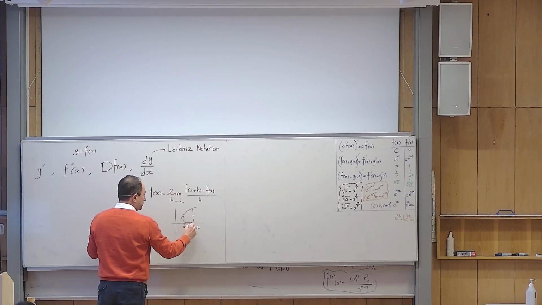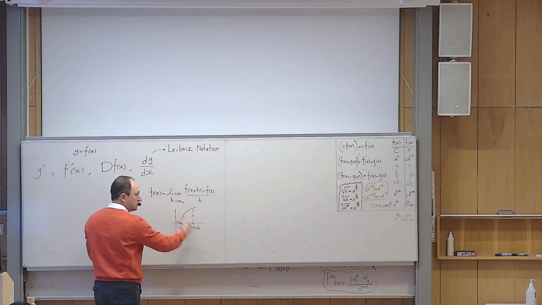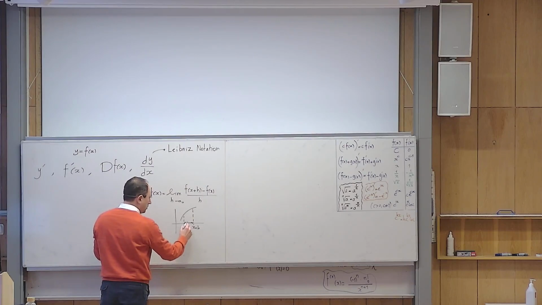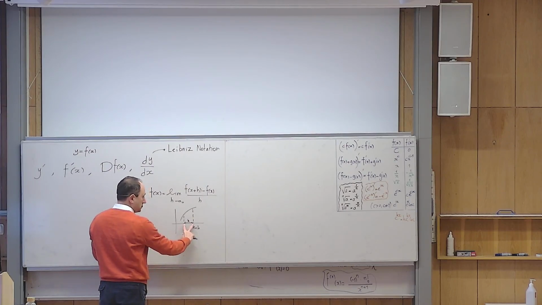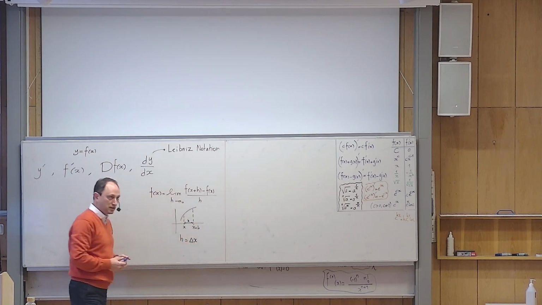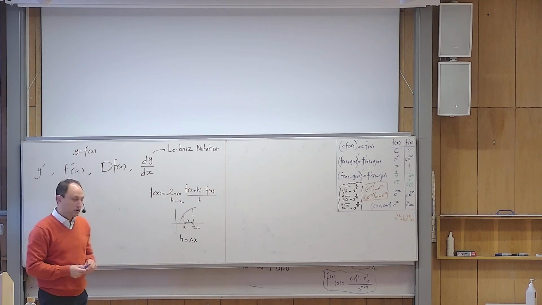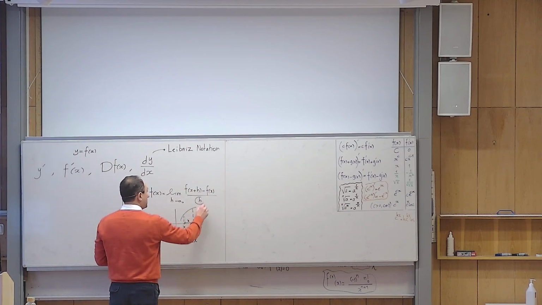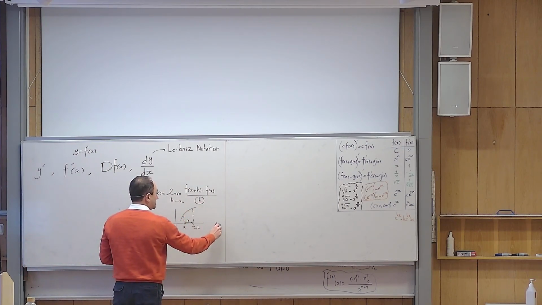This change that you see here is a change in x. This length is h units. If I ask you what this length is, you would say this is a change in x. So another way to say h is to say delta x, how much x changes. Then you take this away and write delta x.